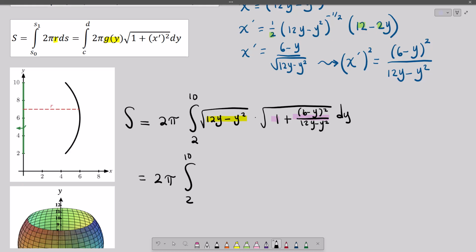So 2 to 10, big old square root, 12y minus y squared times 1. And then we're noticing when this yellow part distributes to this fraction, it matches the denominator, so it just cancels the denominator. And we're going to square out that numerator. So let's square out that numerator right there. So that's going to be plus 36 minus 12y plus y squared.